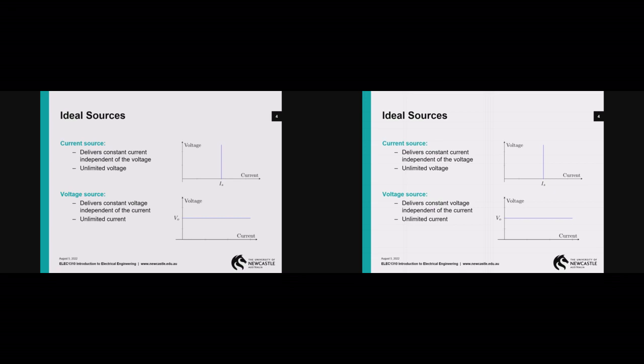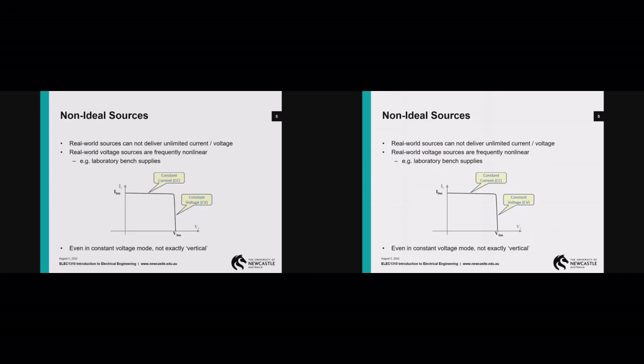Likewise, our voltage source, we've assumed delivers a constant voltage regardless of the current across it. When we come to real voltage sources and current sources, we quickly discover that you can't deliver unlimited current or voltage because you would need unlimited power.